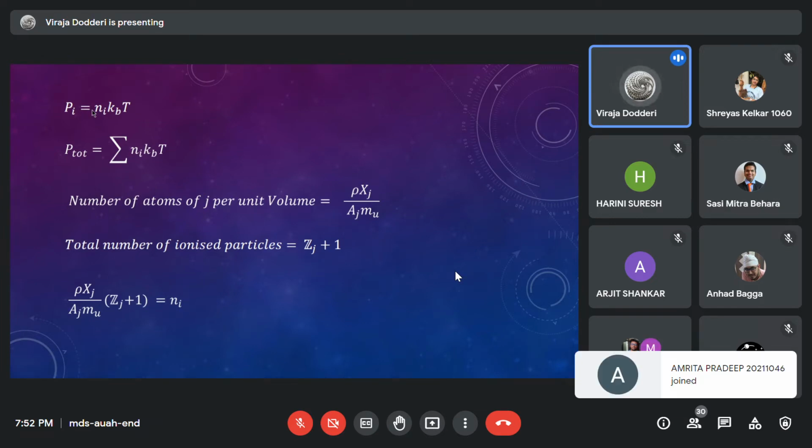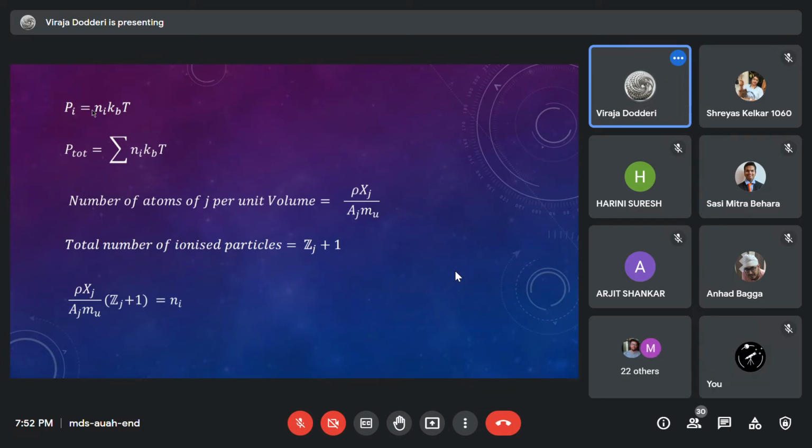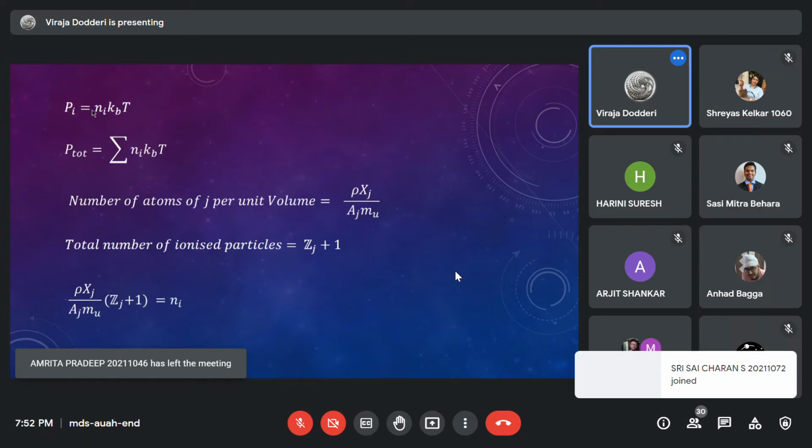And aj is the atomic mass, mu is the atomic mass unit. So you can figure out the number of atoms per unit volume, and then the total number of ionized particles. There are Zj electrons, where Zj is the atomic number.